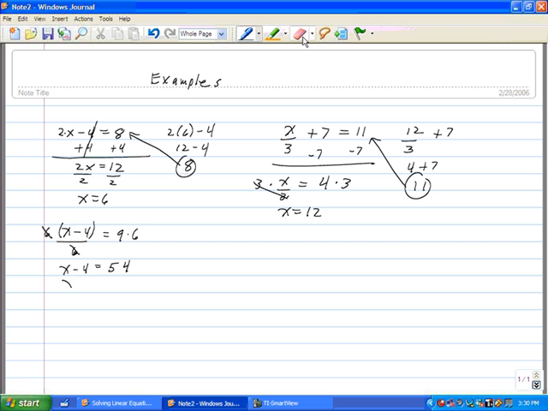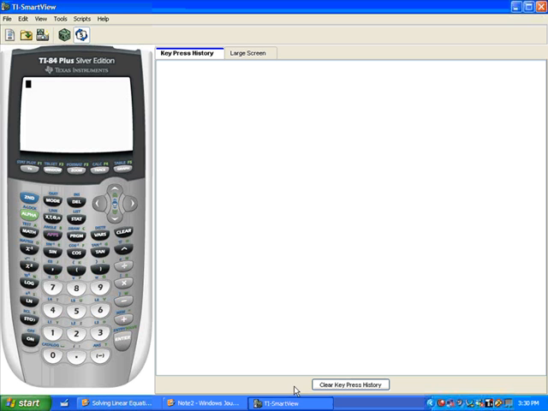And at this point, to get rid of the minus 4, we're going to want to add 4 to both sides, and we get that x equals 58. Now, I've been checking these by hand. We, of course, can check them on the calculator if we decide to do that. We came up with an answer of 58. Let's see if that's correct.